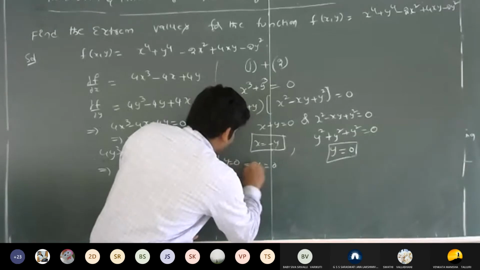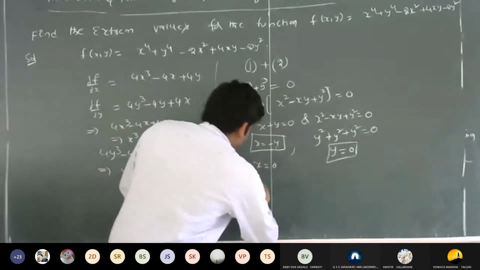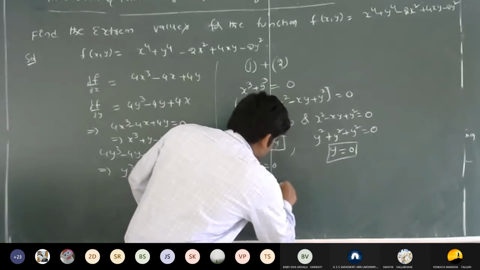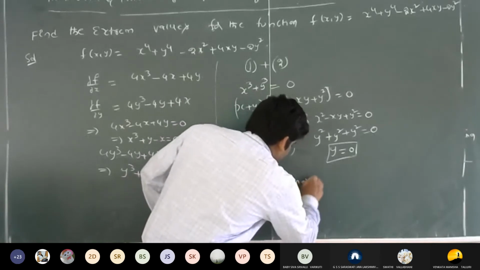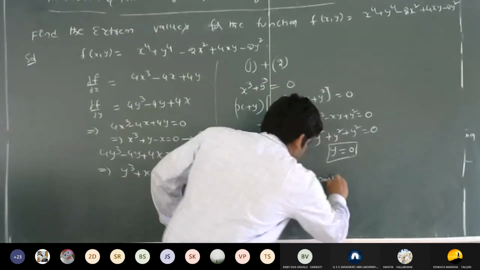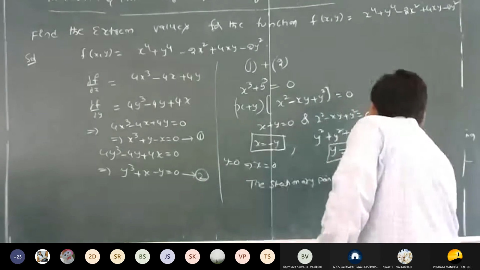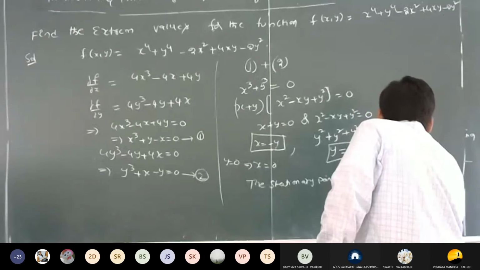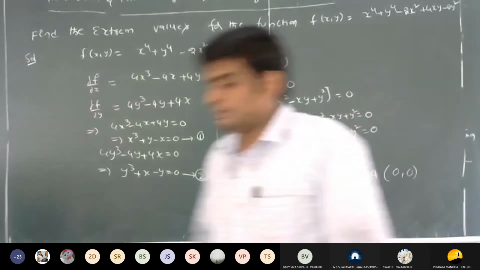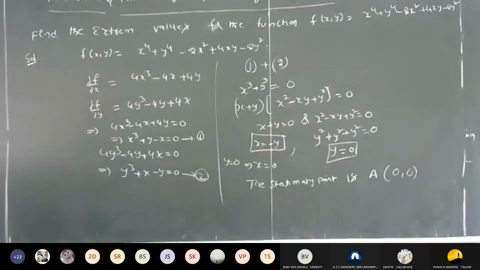So y is equal to 0 implies x is equal to 0. The stationary point is, denoting it as some letter, capital A (0, 0).